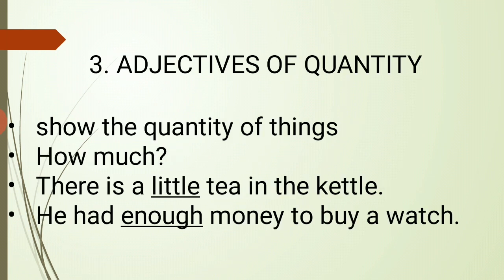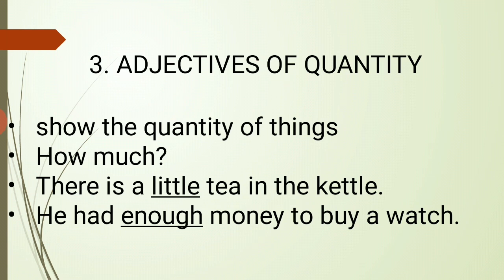Then we have adjectives of quantity. Adjectives of quantity describe the quantity of something, or they show how much of a thing is intended, and they always answer the question how much. For example, there is a little tea in the kettle. He had enough money to buy a watch. So over here the adjectives little and enough are telling us the quantity of a thing.